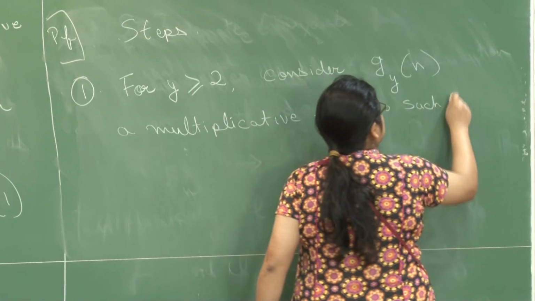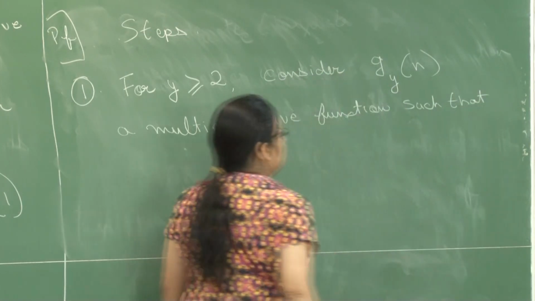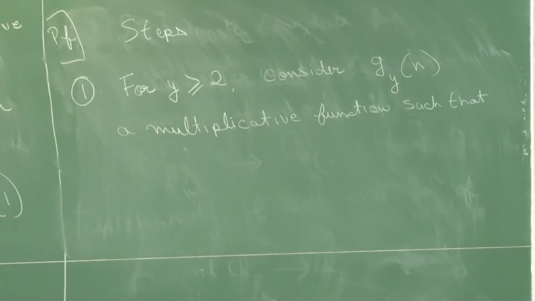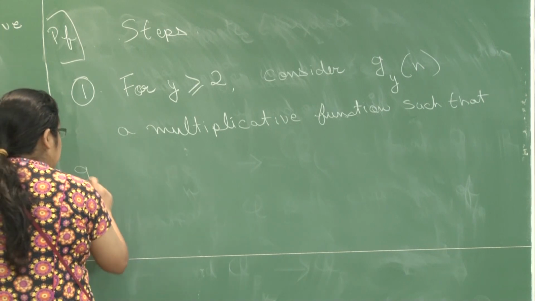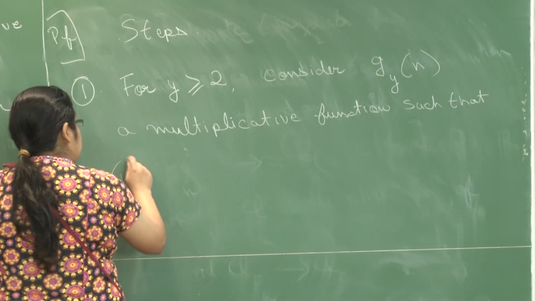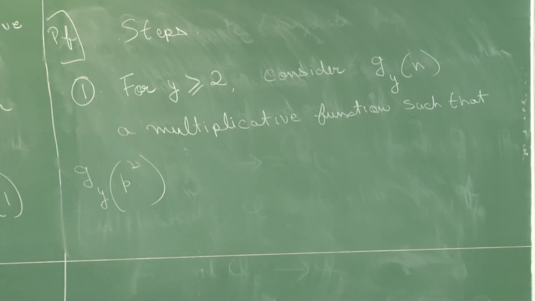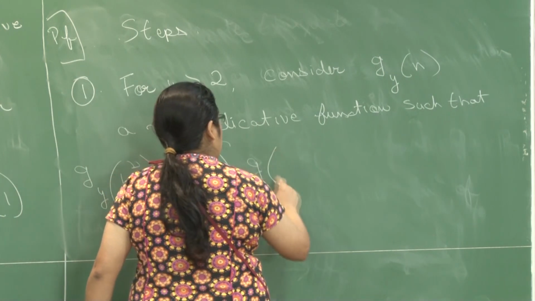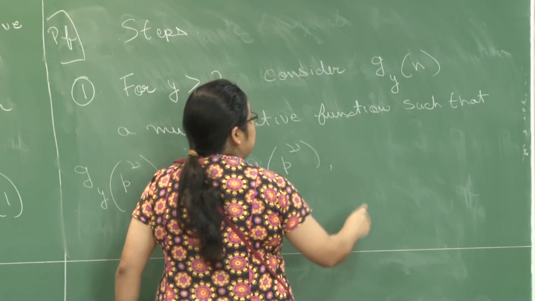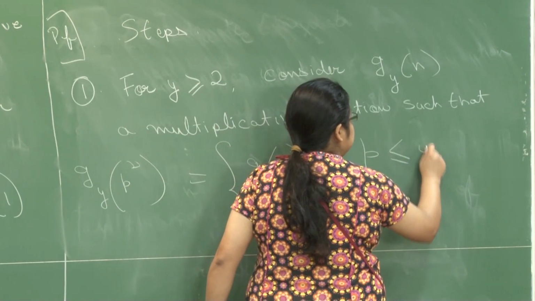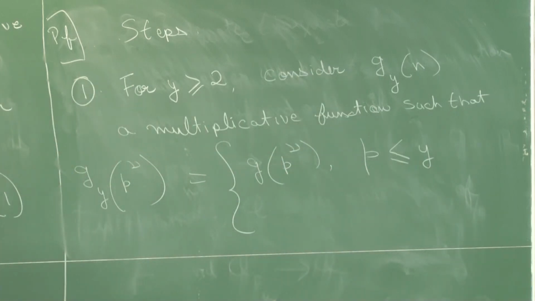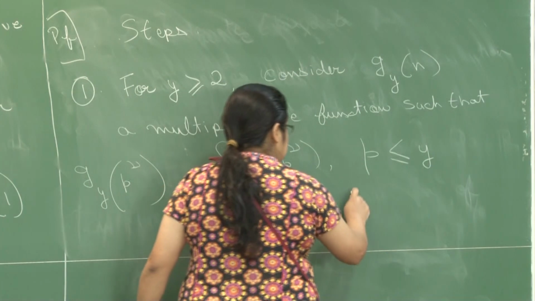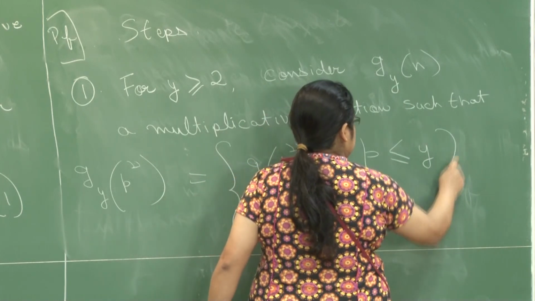How do we define it? To define a multiplicative function, it is enough to define it at its prime powers. So g sub y of p raised to the nu, for any prime power, is equal to g at p raised to the nu, provided your prime p is bounded above by y, and it is 1 if p is greater than y.